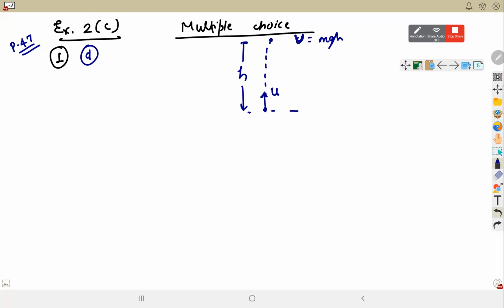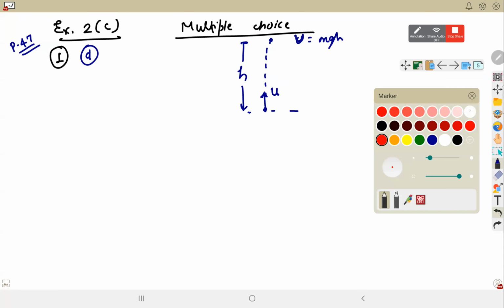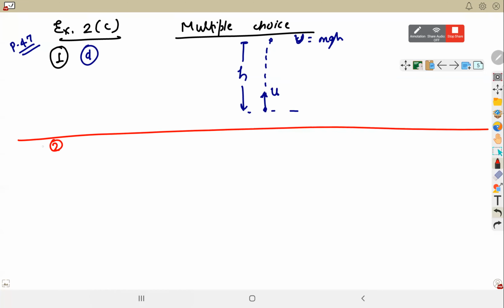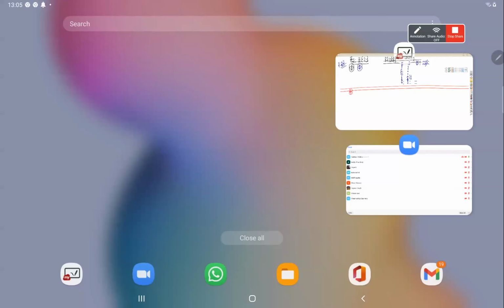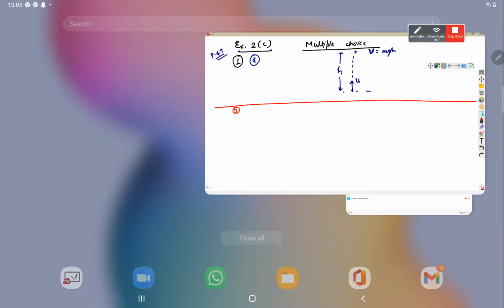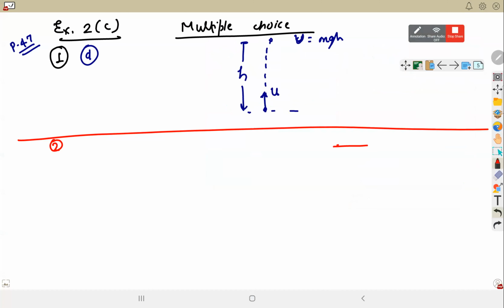Kabir, what is the answer to second question? Kabir, the pendulum is oscillating on other side of its rest position. The correct statement is. Kabir.